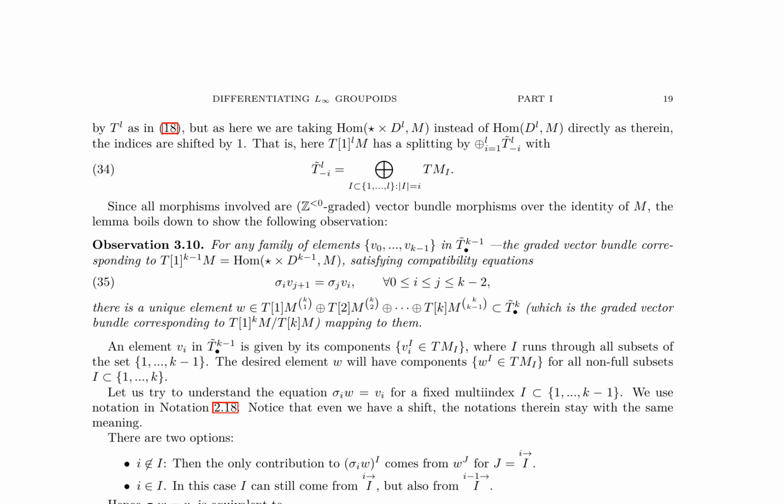The primary objective is to demonstrate that for any family of elements, v0, ..., vk-1, in t-1, there exists a unique element w in t1, m, k1, direct sum t2, m, k2, direct sum t, k, m, kk-1, mapping to them.